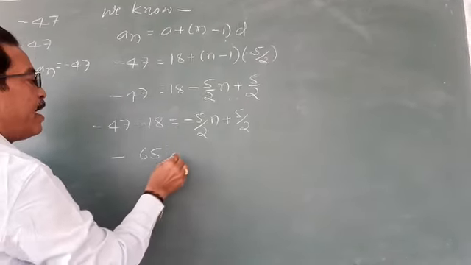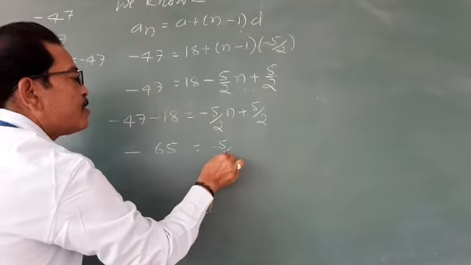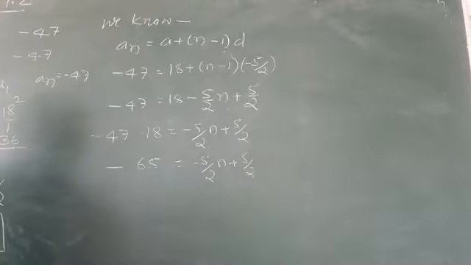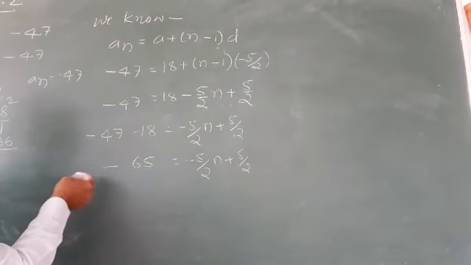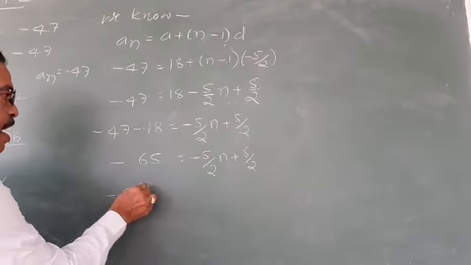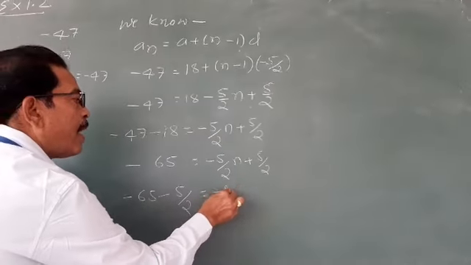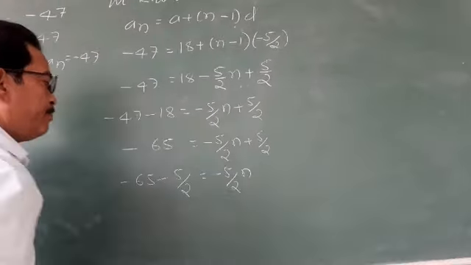Minus 65 equals minus 5 by 2n plus 5 by 2. Minus 65 minus 5 by 2 equals minus 5 by 2n.